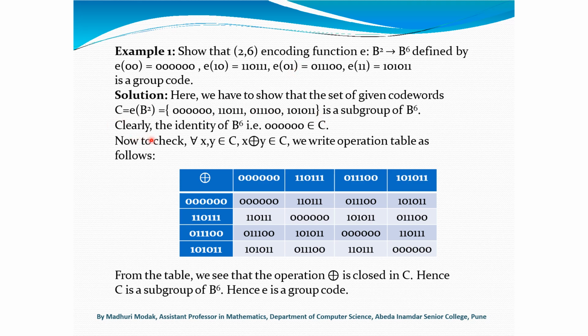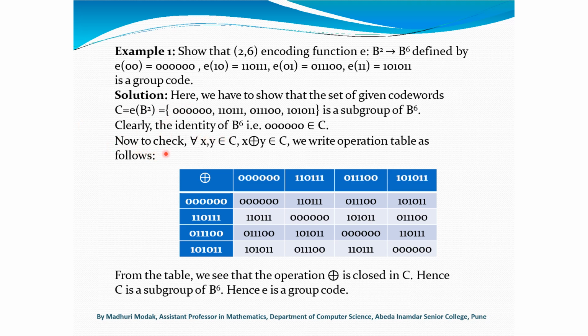Now according to the remark, it is enough to show that the identity element of B^6 is present in C and C is closed under the ring sum, that is the binary operation. The identity element of B^6 is 0,0,0 six times and it is present in C. So the identity element exists in C, which is the set of all code words.